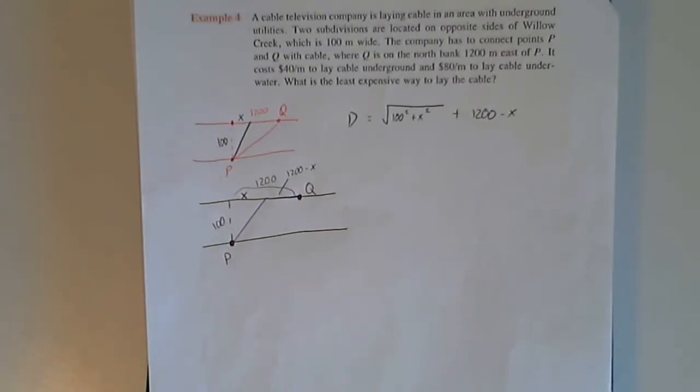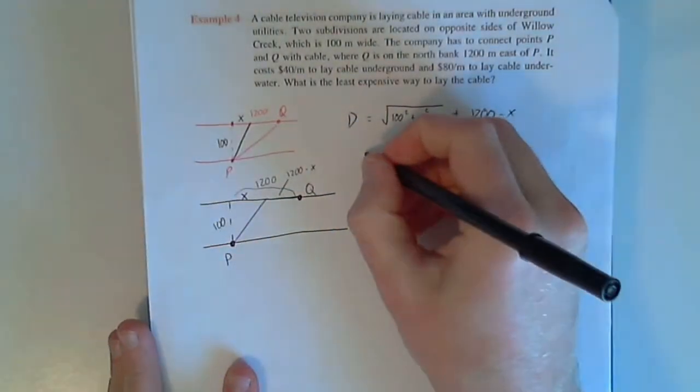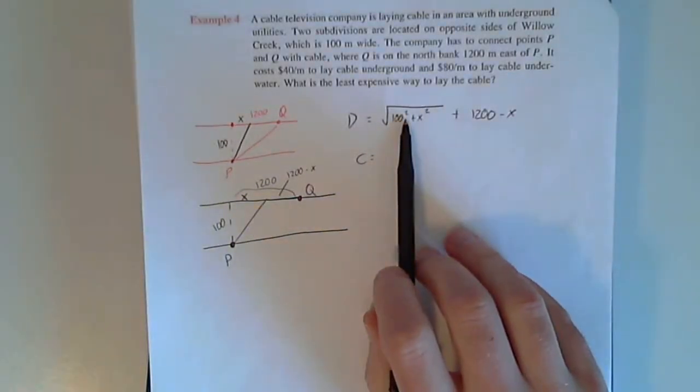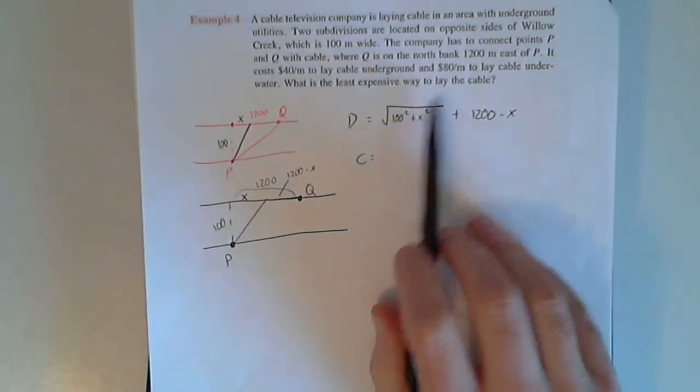Now we need the actual cost of this. So we need to turn it into an actual price function. The cost of it is going to be just each distance times its cost per meter. So this is the amount in the water, so it should be that times 80.